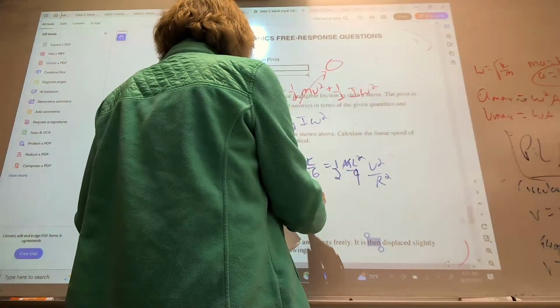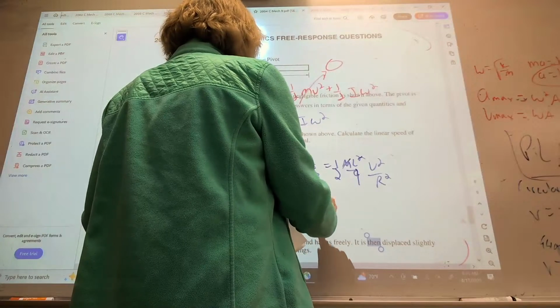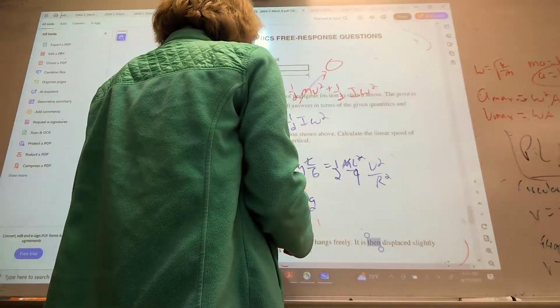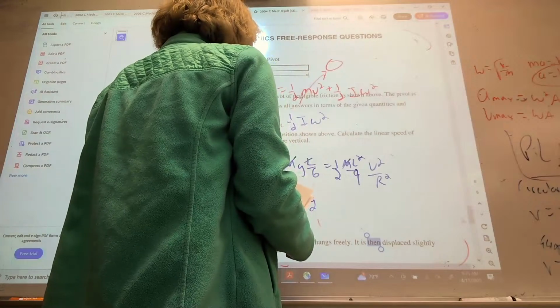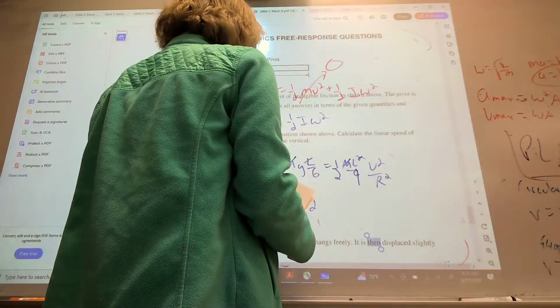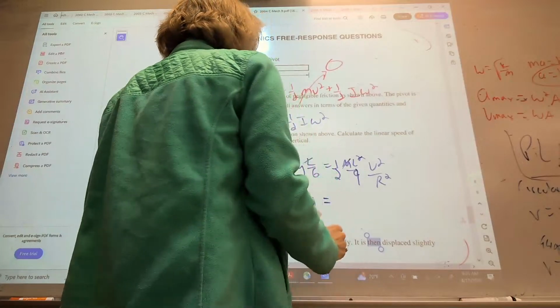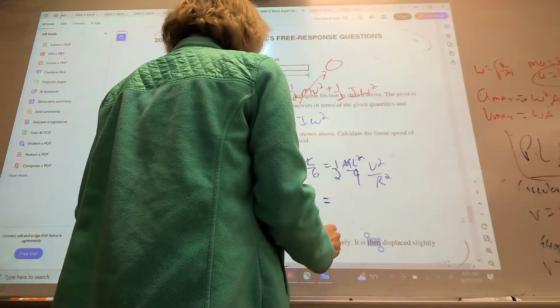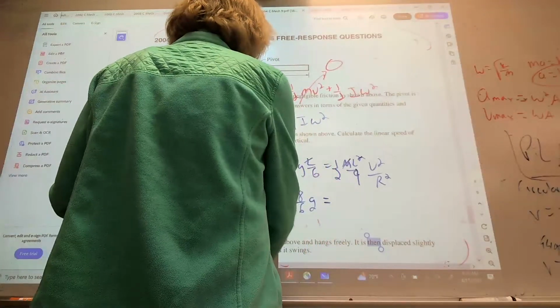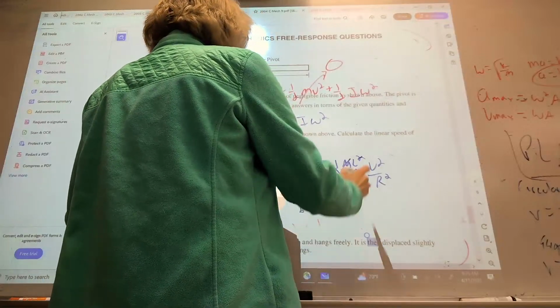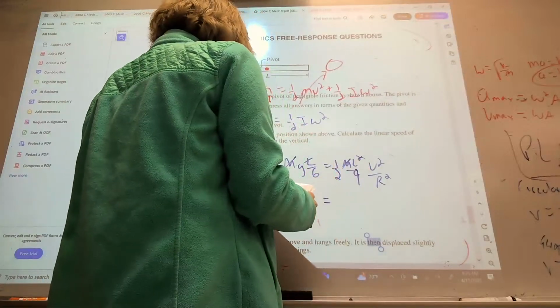I've got 18 over 6G, which is equal to, and then I move down, wouldn't that just be equal to 3G? Yes, it would. And then I have one L left.